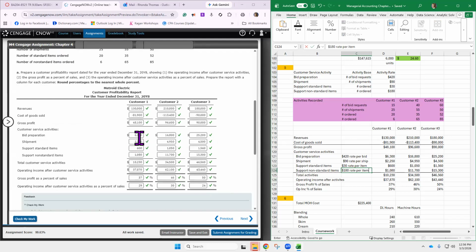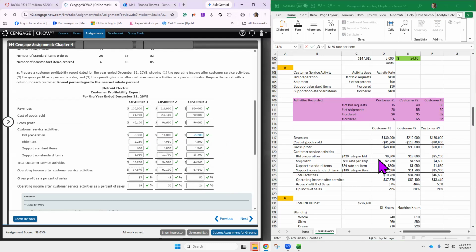So the first one is the amount for bids. For customer 1, let's just go across and do each bid amount per customer. If you take 15 bids times 420, you get $6,300.